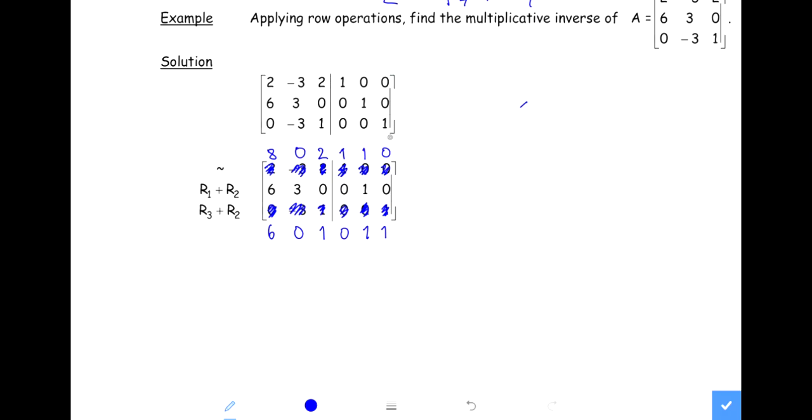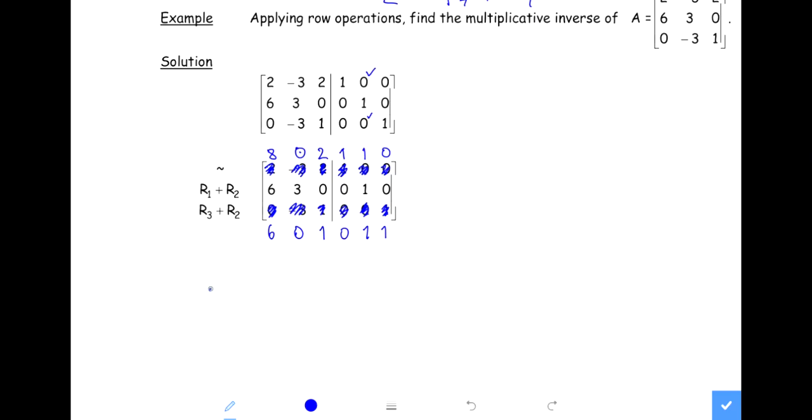Now I have 0, 0, and I have this already. I still have a 2 at this position. I want to change this 2 to 0. I look down here, and I think that 2 minus 2 times this will give me a 0 here.